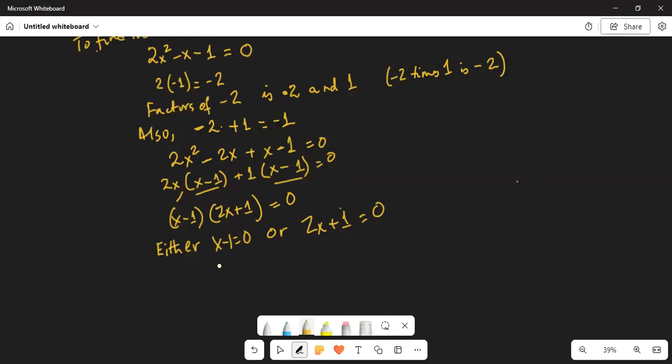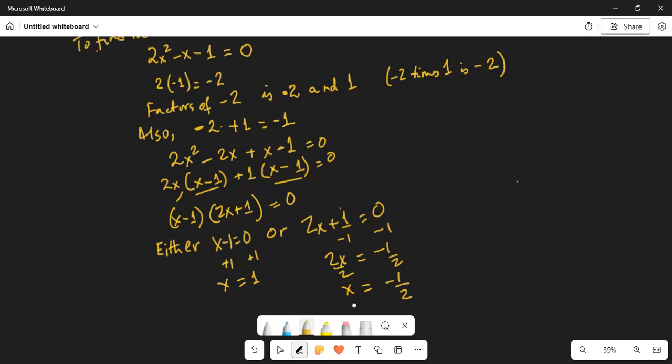Now, if x minus 1 is 0, then you add 1 on both sides, x is equal to 1. And if 2x plus 1 is 0, then subtract 1 on both sides. So 2x equal to minus 1, then divide by 2 on both sides. X is equal to minus half.